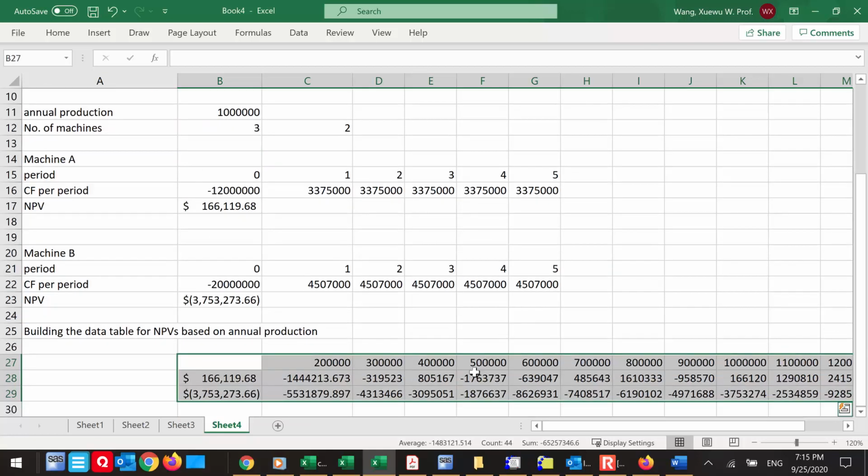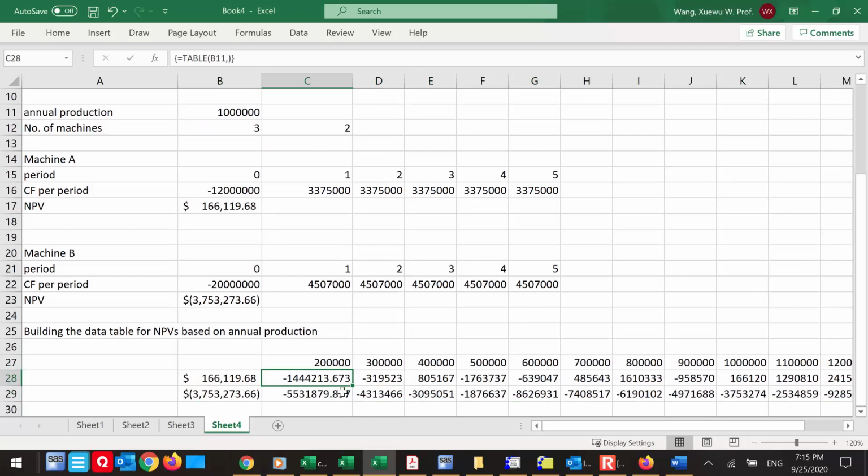Okay, so I just populate everything, and you see that when you're producing 200,000 units, neither A nor B would be preferred. But you see the NPVs are actually flipping to, let's see, this is a negative, this is positive, okay, and this becomes negative again.